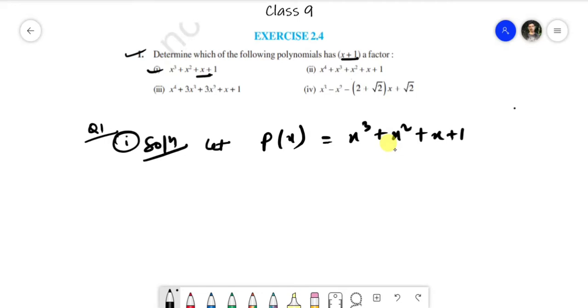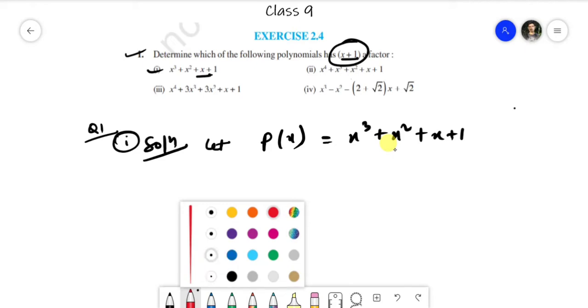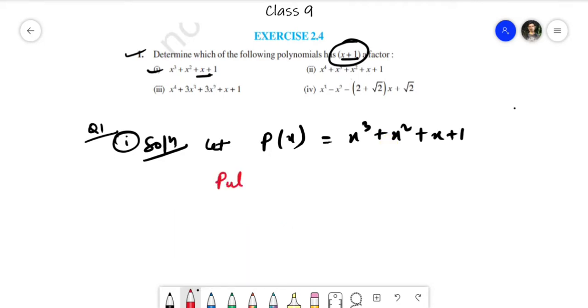Now we have this factor, so we can do one thing. We can put x plus 1 equal to 0, because this will become 0 when we divide this one. So that's why we are putting 0.